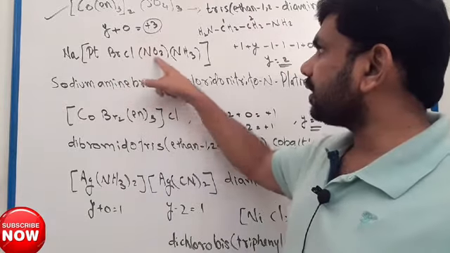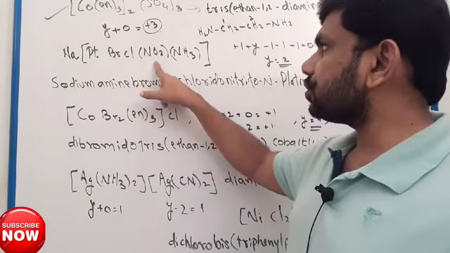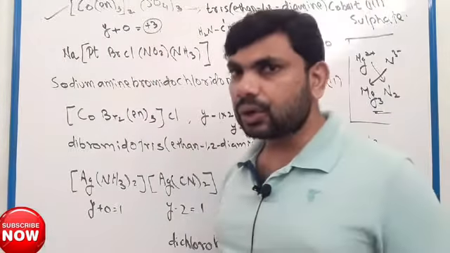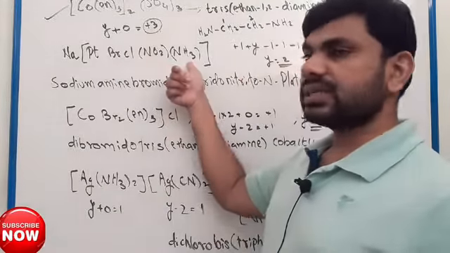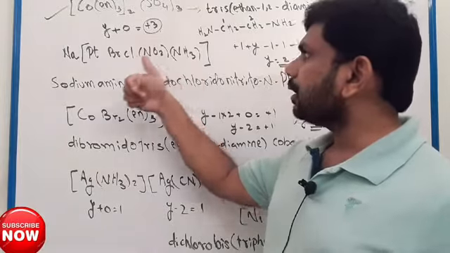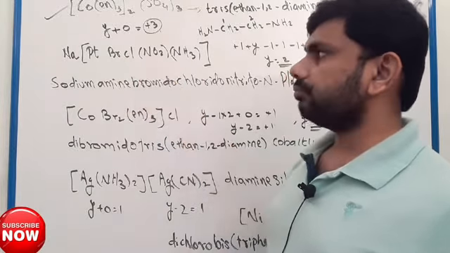here you have different ligands: bromido, chlorido, nitrito and amine. So you have to arrange them in alphabetical order. So amine comes first, alphabet A. So amine, bromido, chlorido, nitrito-N.